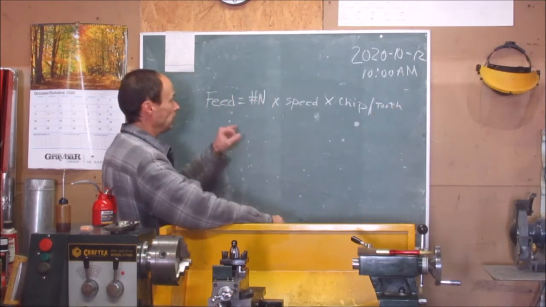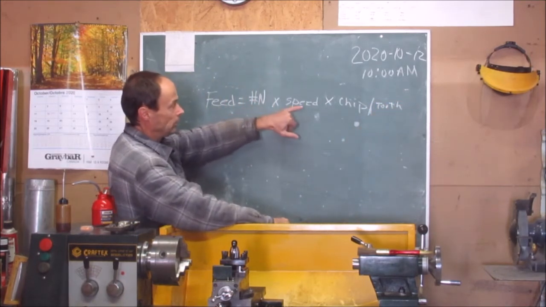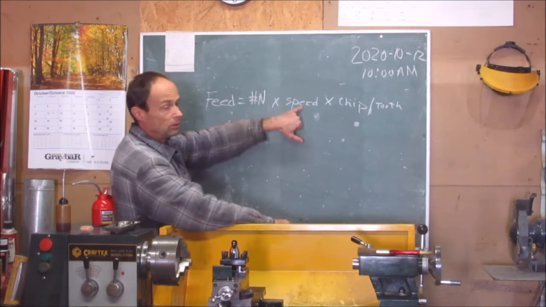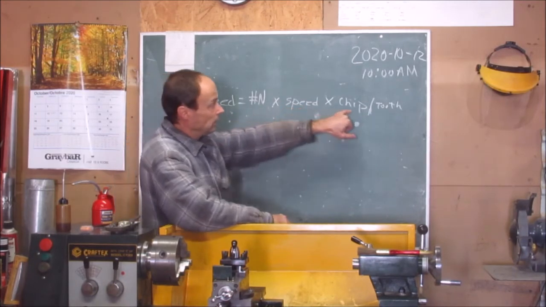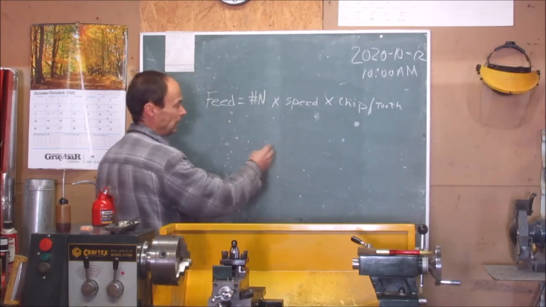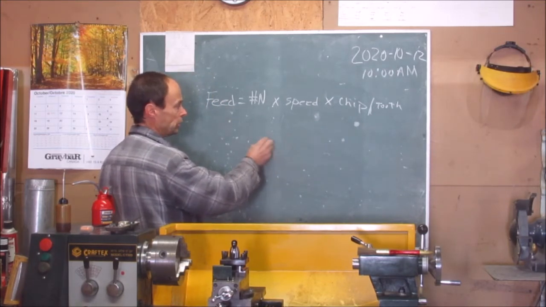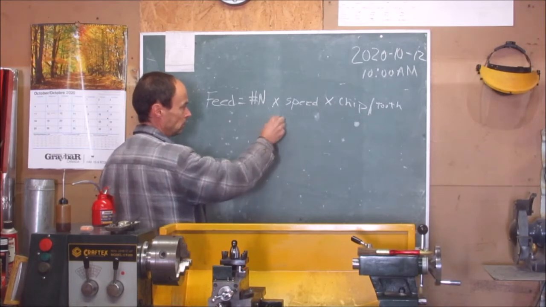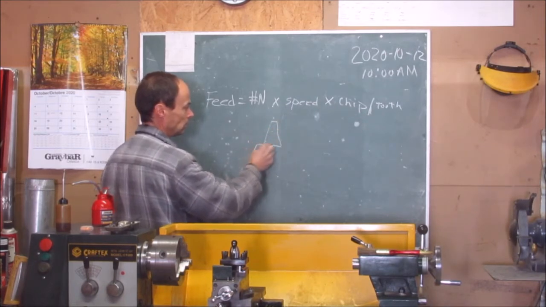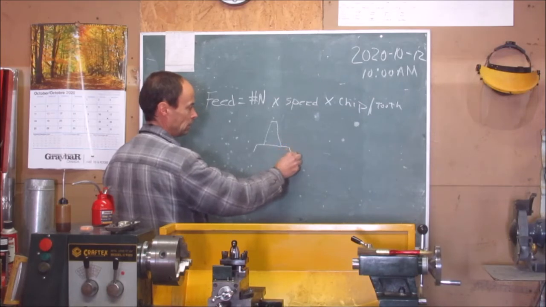Okay, so it's the number of cutters, the speed that you're going to spin your cutter at, and the chip per tooth. And that is for either a shell mill, right? It's for fly cutting.